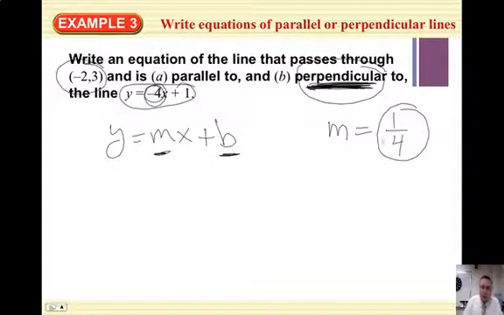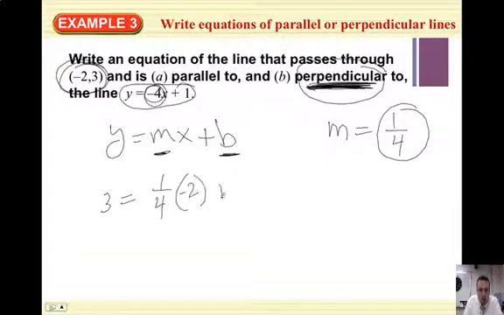So since I know my new m, 1/4. Do I know my b? No. But it does tell me my x and my y. So y is 3, x is negative 2, plus b. Do some work. 3 equals negative 2/4, which is negative 1/2, plus b. So plus 1/2, plus 1/2.